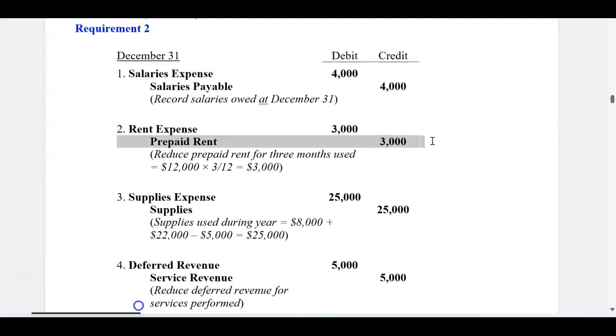So prepaid rent will be reduced, expense will be increased. This is an adjusting entry to record the rent expense for $3,000. You paid for it and deferred the recognition. Now it's time to recognize it.